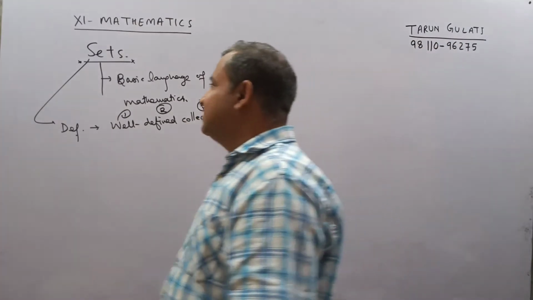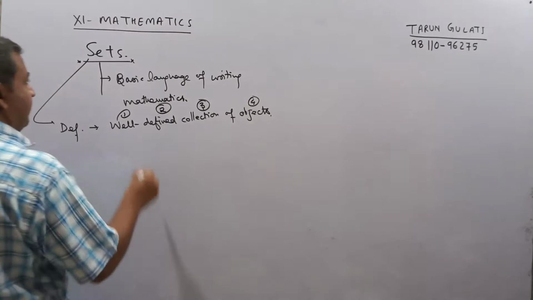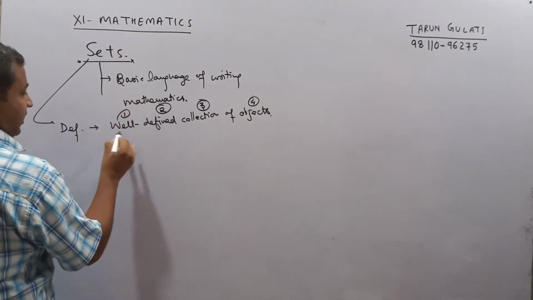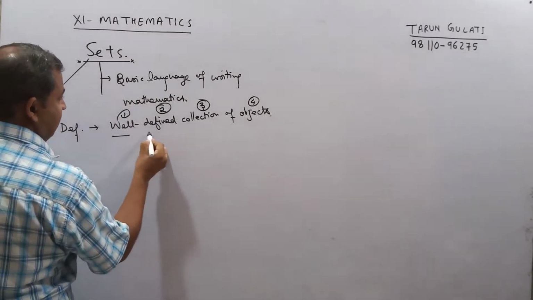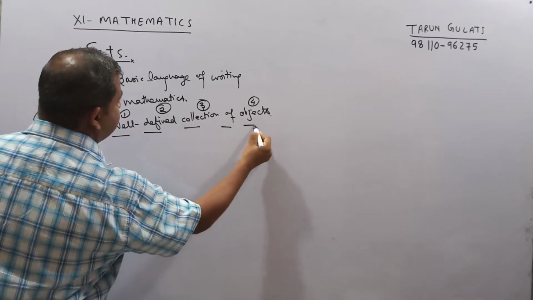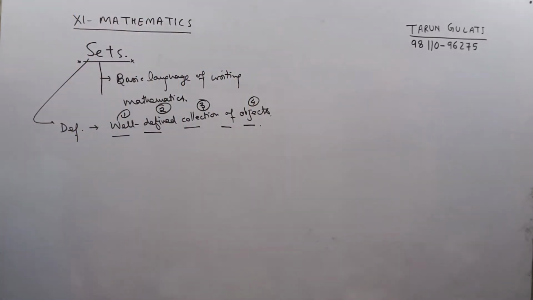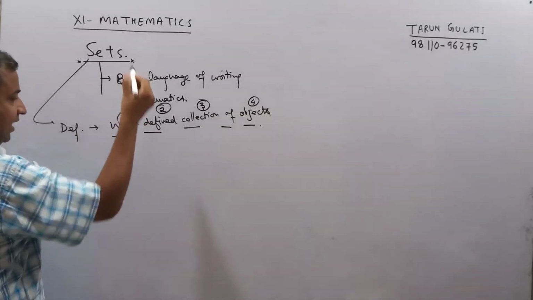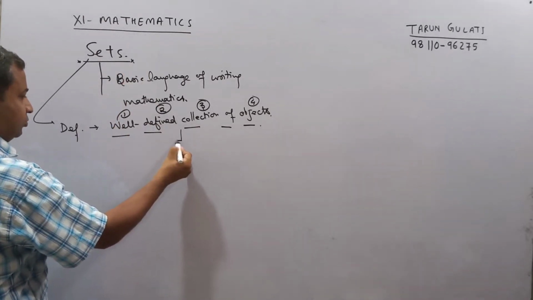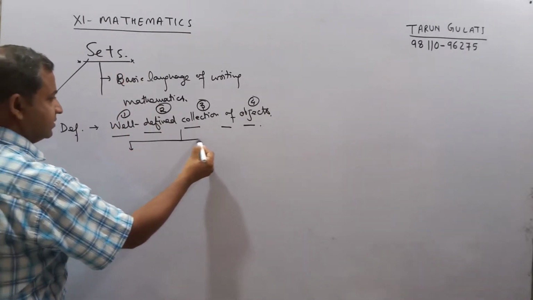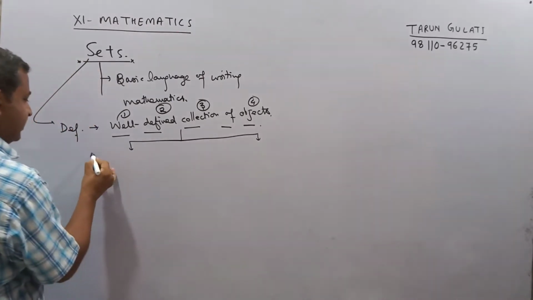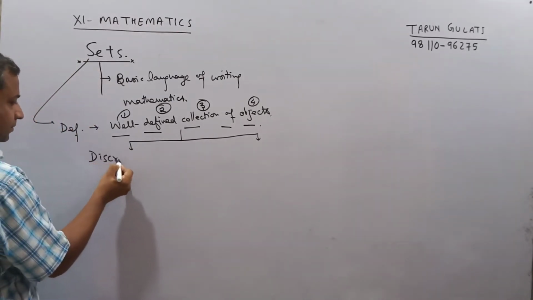This is set. So by set, the basic language, we mean a well defined collection of objects. This is known as set. This language can be understood under 2 major headings. One is discrete set.